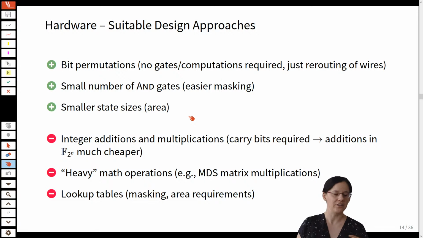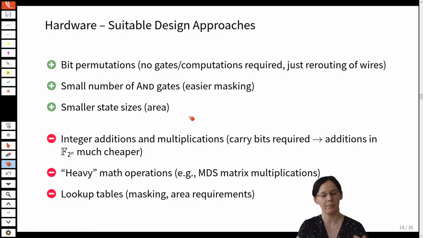So while integer addition is okay-ish, you always have this carry bit that you have to drag on from one bit position to the next, which is relatively expensive. Other things that don't work so well are whatever you call heavy mathematical operations.